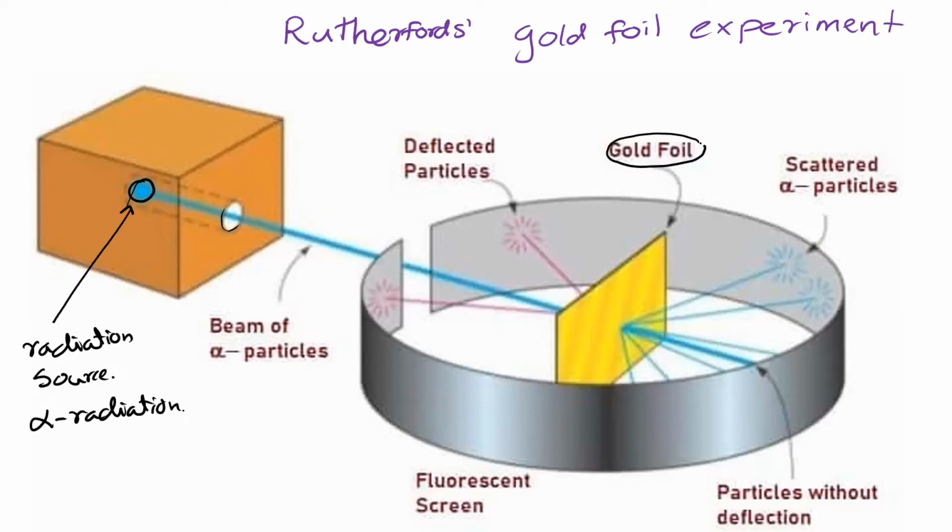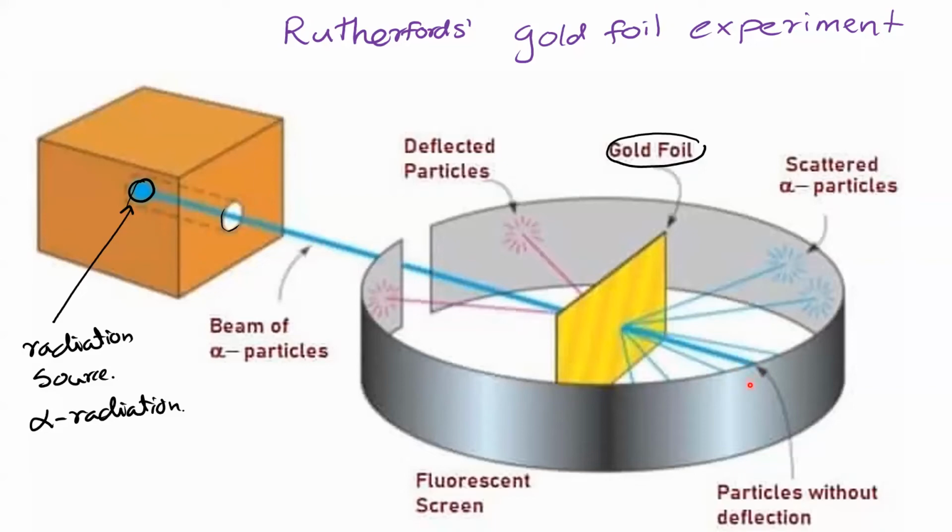So these alpha particles are being shot at a very thin gold foil. So this gold foil is really thin, really thin. And he placed this fluorescent screen all around this gold leaf. What he observed is that a major part of these alpha particles, the majority of alpha particles, went through this gold leaf.